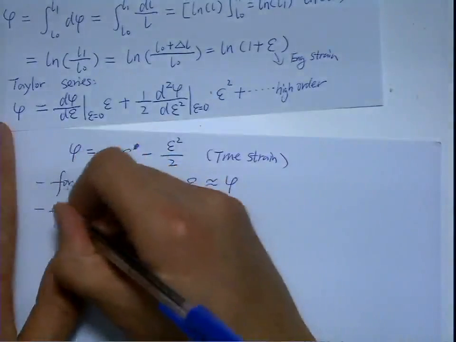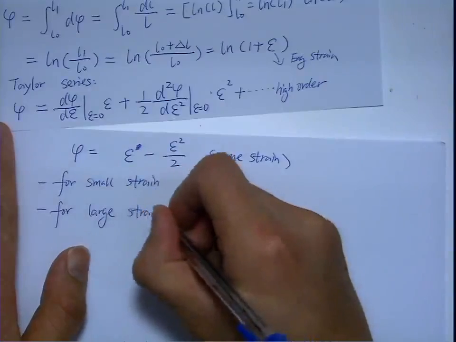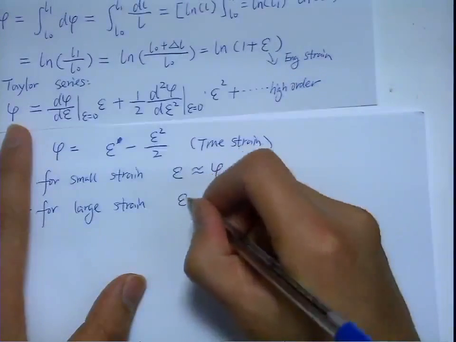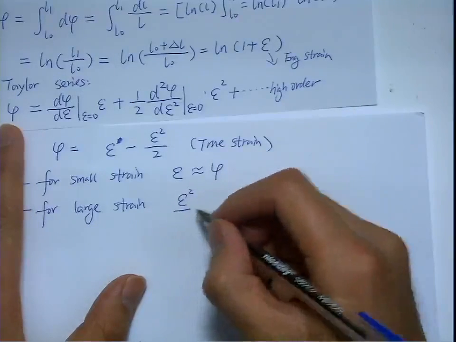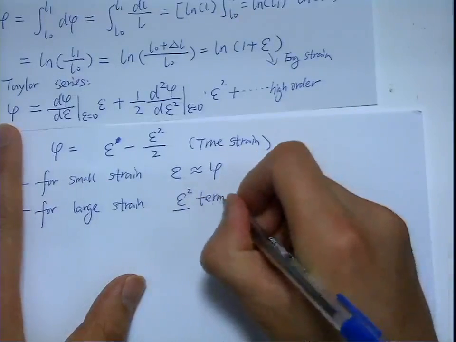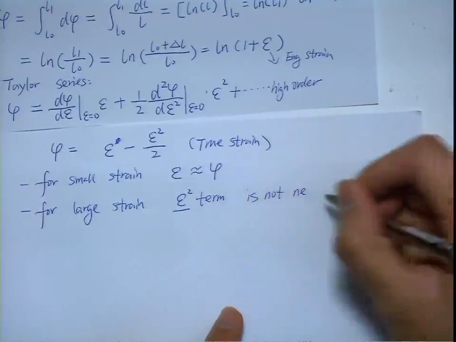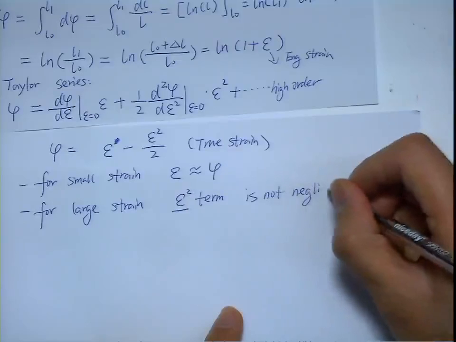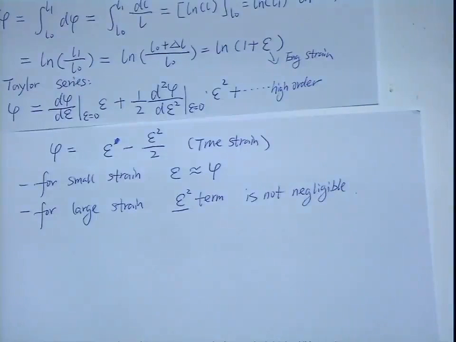But for large strain, they actually have a big difference, because now you cannot avoid this square term. It's not negligible. So let me show you the actual curve if you plot these two together.